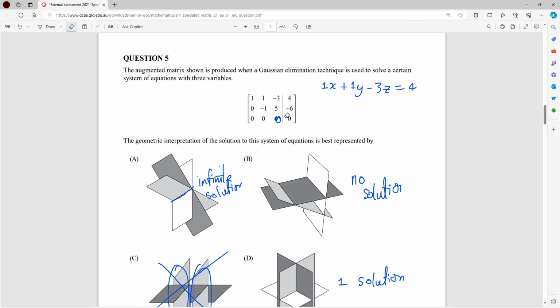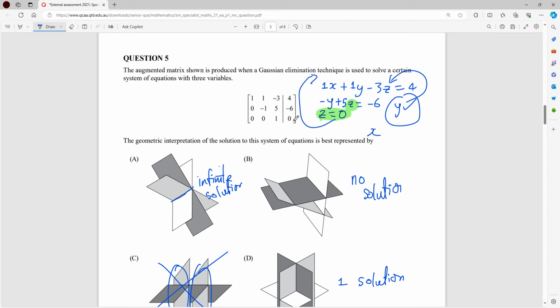If we take a look at this bottom plane here, this bottom plane is basically saying z equals 0. Okay, this top plane here is saying -y plus 5z equals -6. Well, if you substituted the bottom plane into here, you would get a y coordinate. And if you substituted that y coordinate in here and that z coordinate in here, you would get an x coordinate.